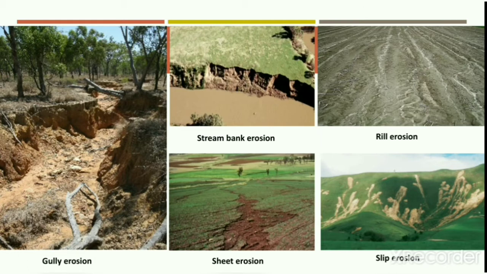It happens when the runoff concentrates and flows strongly enough to detach and move soil particles. And this process finally leads to the formation of badlands. The Chambal Valley in Madhya Pradesh is the best example of badland as a result of the river Chambal.